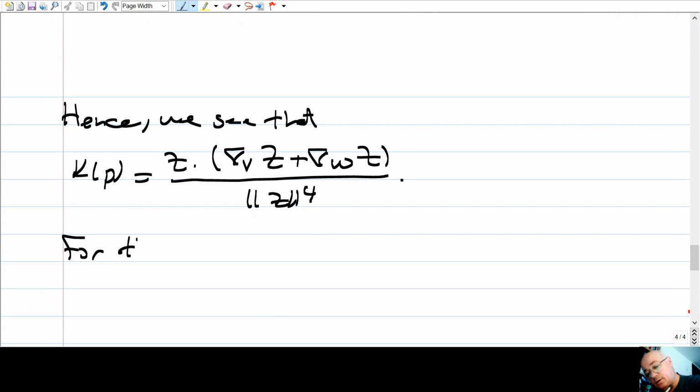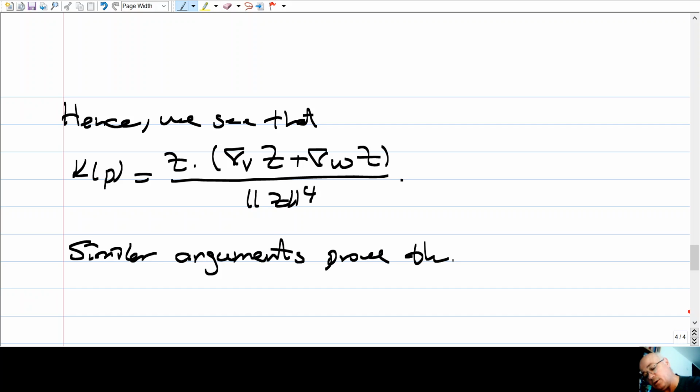For the second part, which is about the scalar curvature, similar arguments prove the second statement.